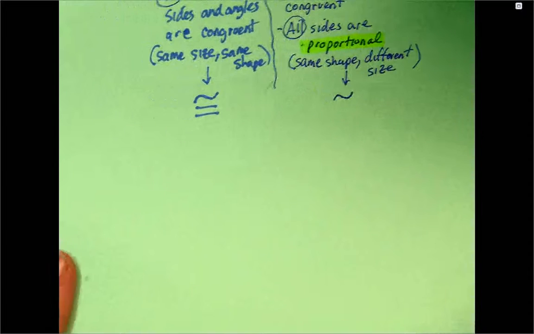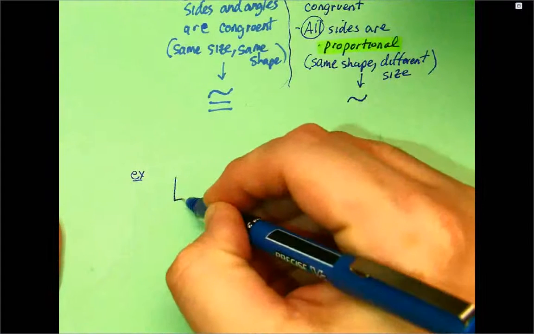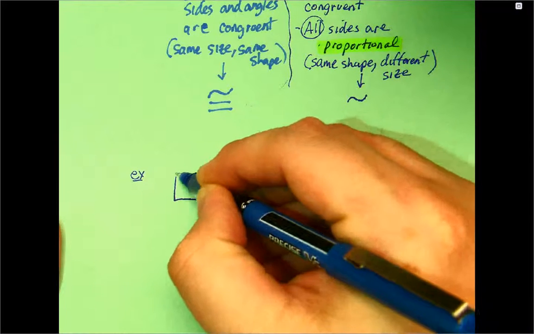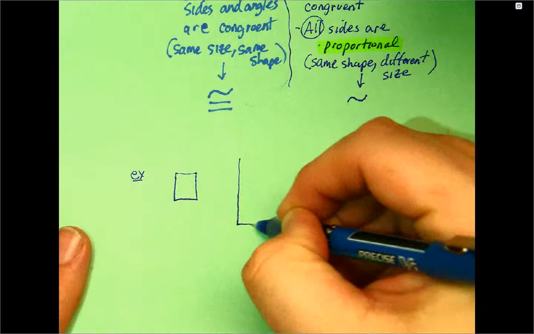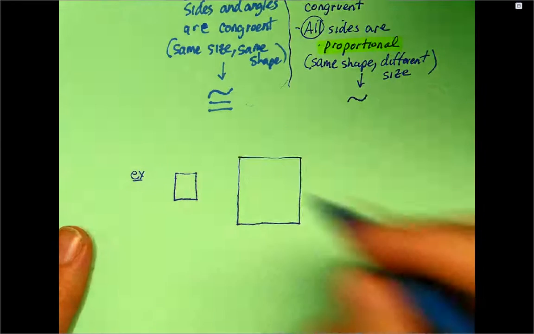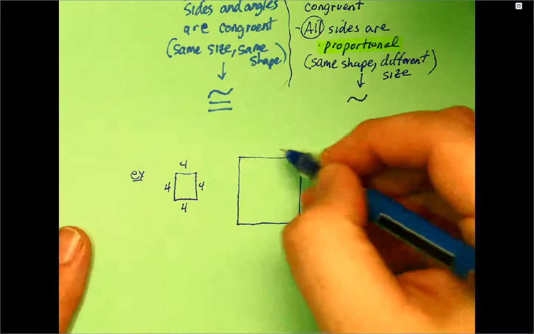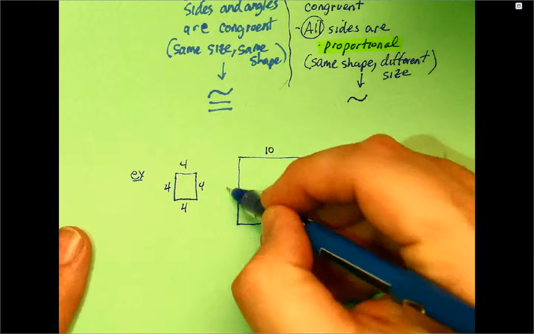Here's an example of similar shapes. I'm going to take a square and then a bigger square. Say that's 4, 4, 4, 4. That's 10, 10, 10, and 10.